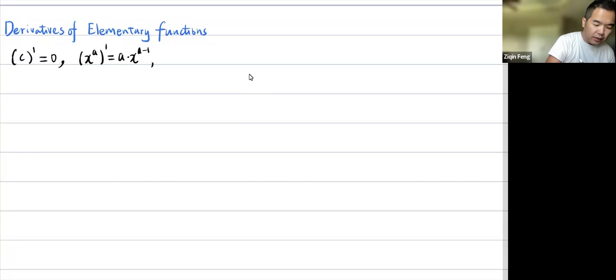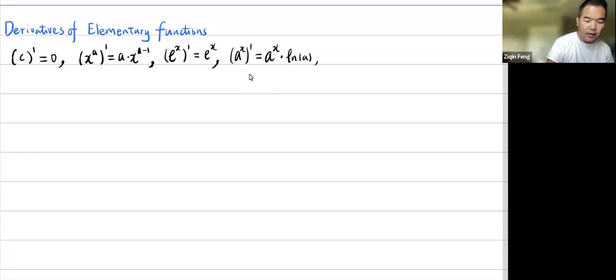Then we learned how to differentiate exponential functions. So e to the x prime is e to the x. And in general, a to the x prime is a to the x times natural log of a, right?